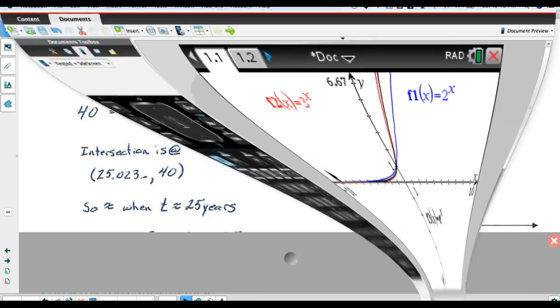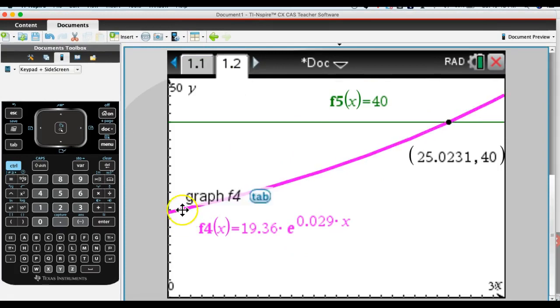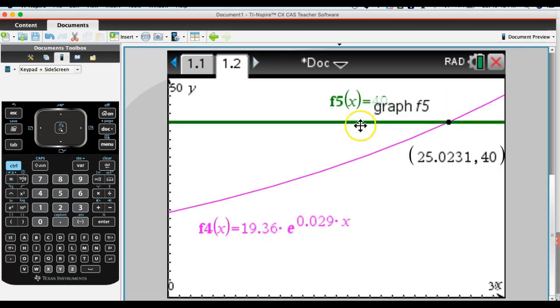Basically, what I did is I graphed my function right here, which is 19.36 e to the 0.029 times x. When is it actually equal to 40? Graph them both. Find the point of intersection: 25.0231 comma 40. That means a little over 25 years, we're going to be at 40,000.